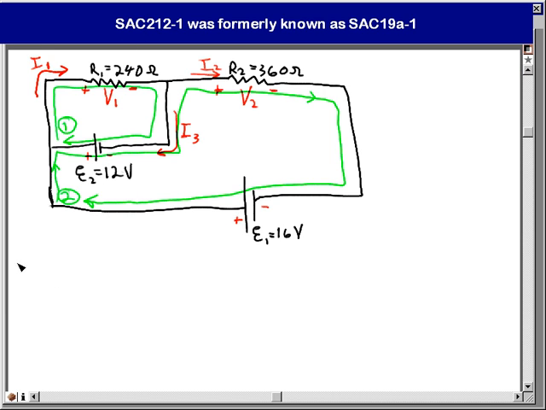So KVL on loop 1 yields, let's say, minus V1 plus E2.